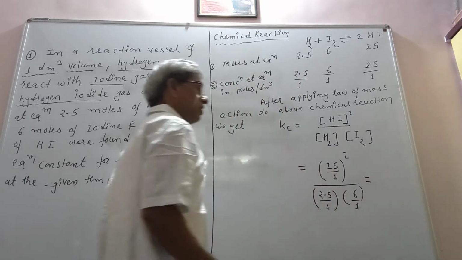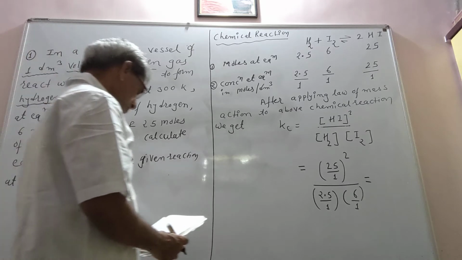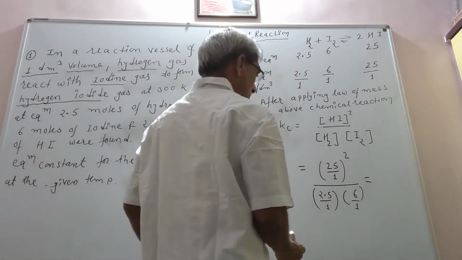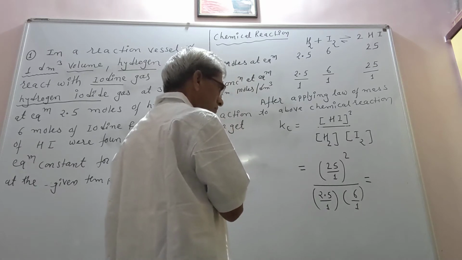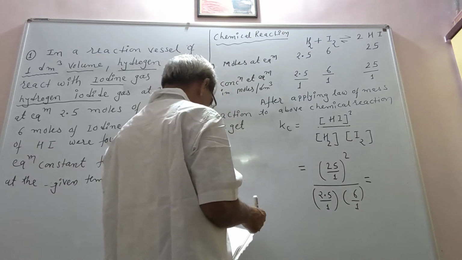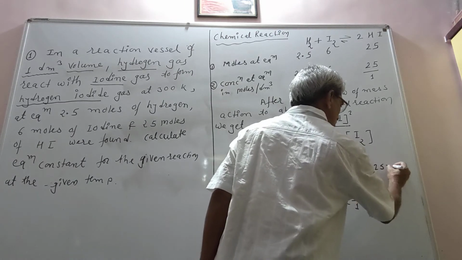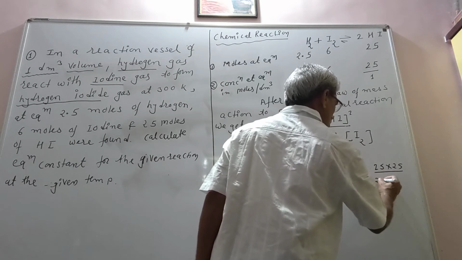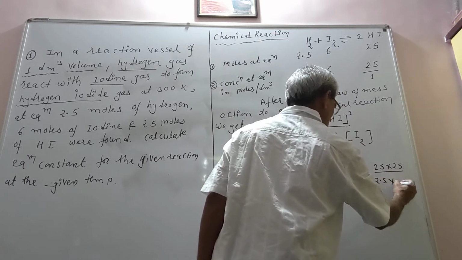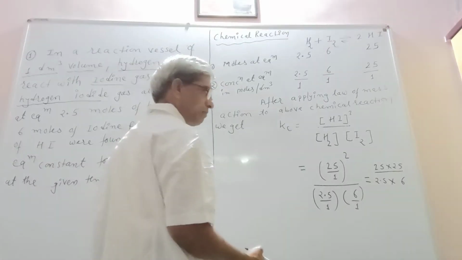Now simplify. Square of 25, simple. Now we write 25 into 25 upon 2.5 into 6. Simple, right?